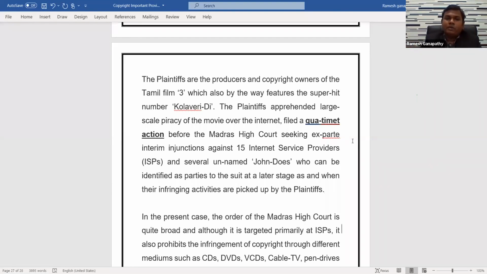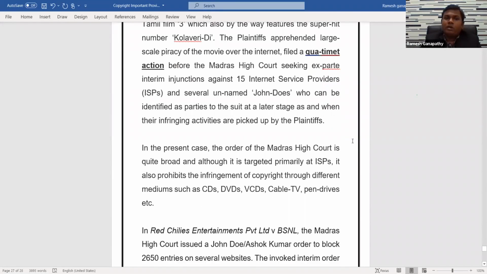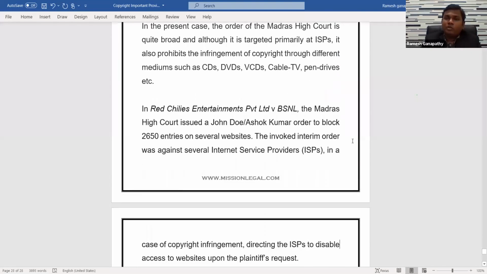In the present case, the order of the Madras High Court is quite broad, and although it is targeted primarily at ISPs, initially the case was filed only targeting internet service providers, but the court also went ahead and gave a broader order that it also prohibits the infringement of copyright through different mediums such as CD, DVDs, VCDs, and cable TV, pen drives, etc. The court did not stop only with the website.